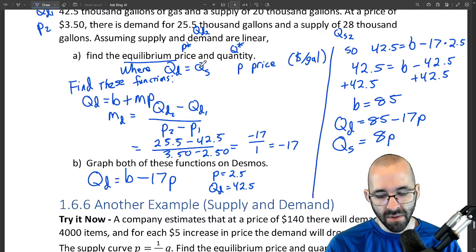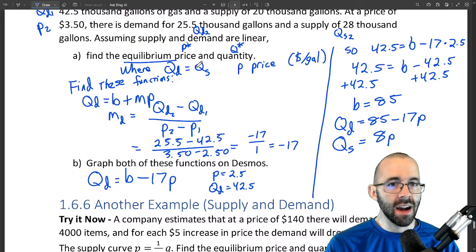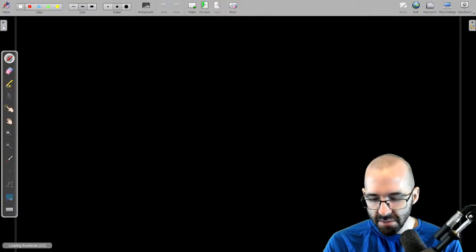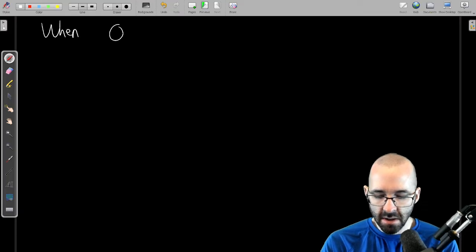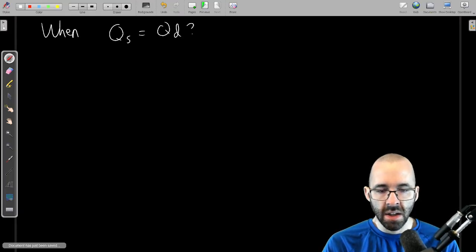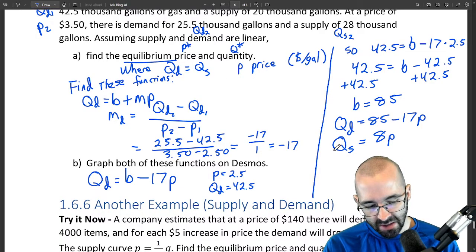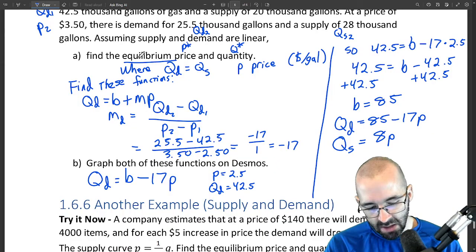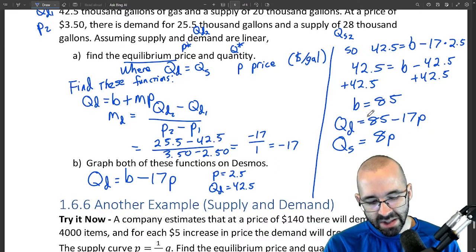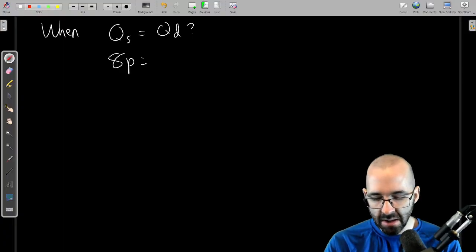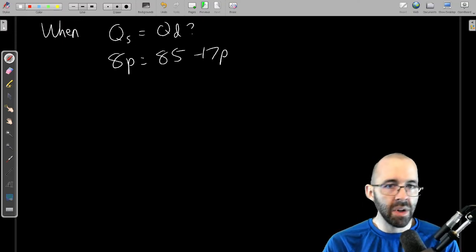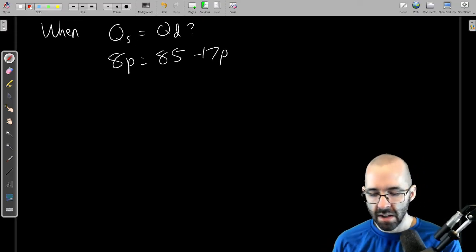That's the equilibrium price, where that happens. So we're going to say, when is QS equal to QD? Well, QS, we said, was 8 times P. And QD, we said, was 85 minus 17P. We need to find when these are the same.